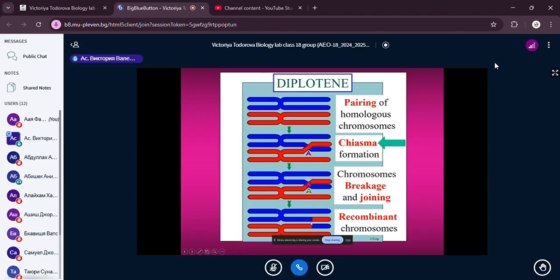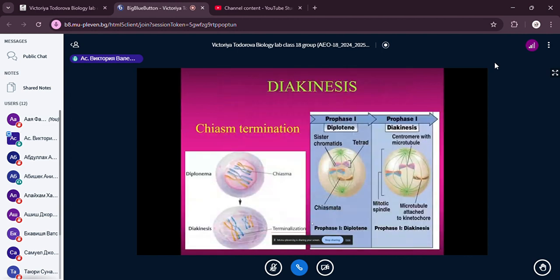In anaphase 1, this place is separated at last. The next phase is diakinesis, and we can say that this diakinesis is a transition stage between prophase and metaphase 1. Not something significant here to show you.